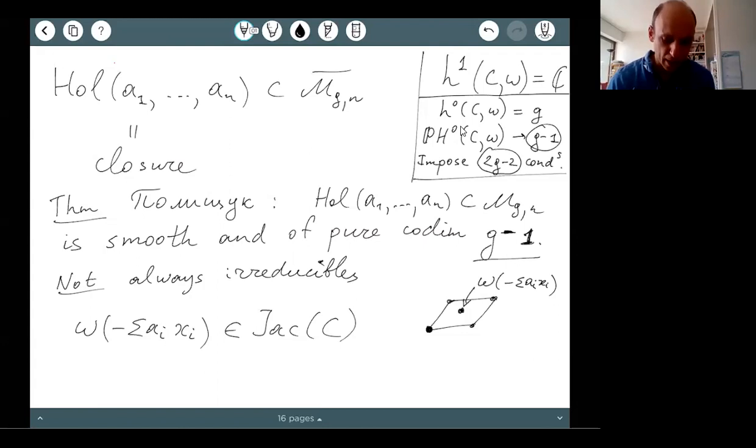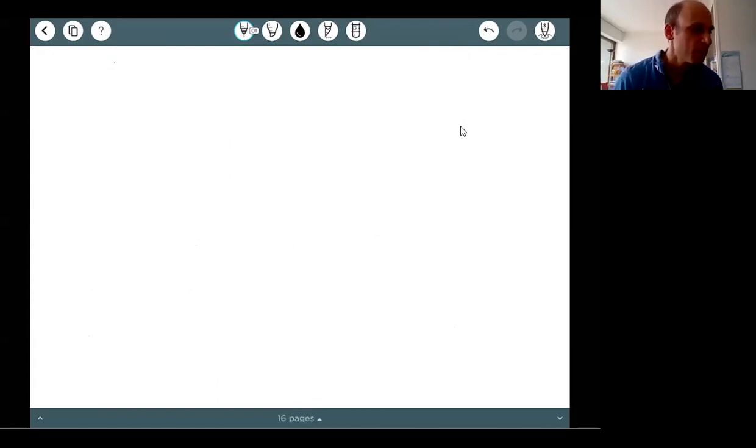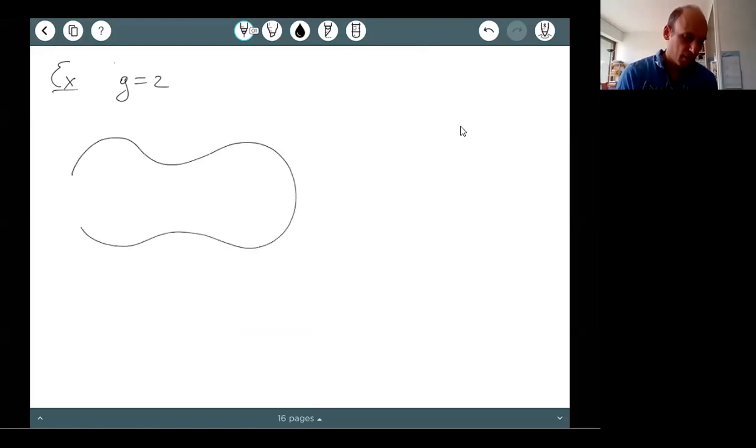So let's do an example. Example: genus 2. So it is well known that every genus 2 curve is hyperelliptic. And let us recall the way it is proved, because it is related to holomorphic differentials.